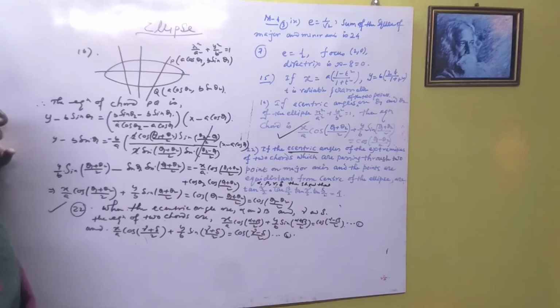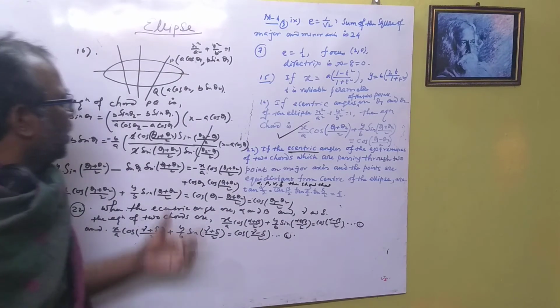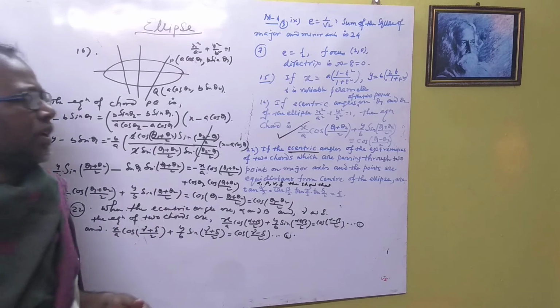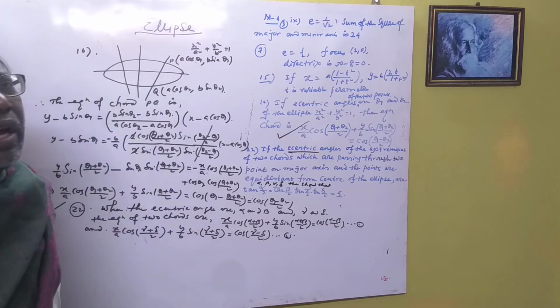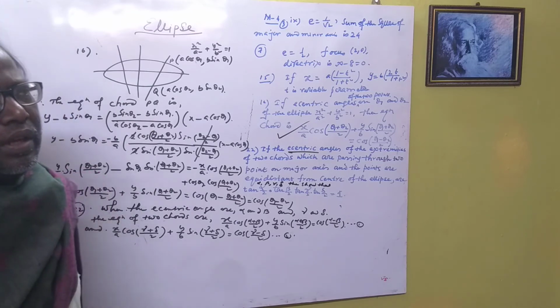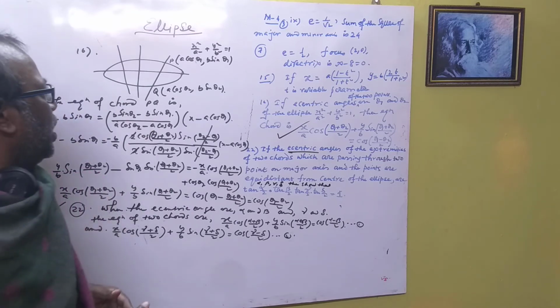Again, from the center, the points where these chords intersect the major axis are equidistant.